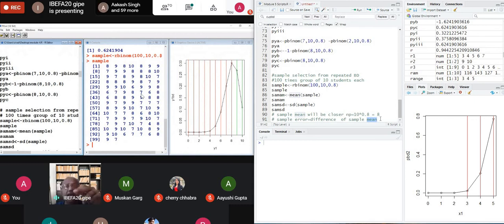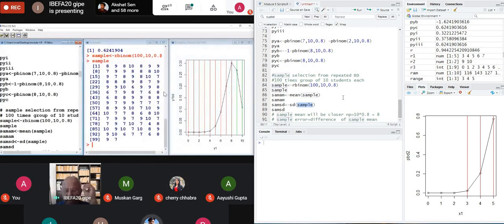Okay, but you see the screen, what is the meaning of 8? Sample size is? 100. No, sir, 8 is actually out of 10.